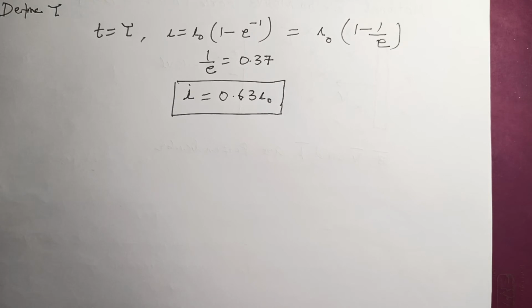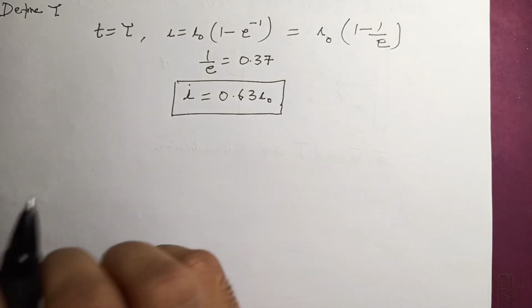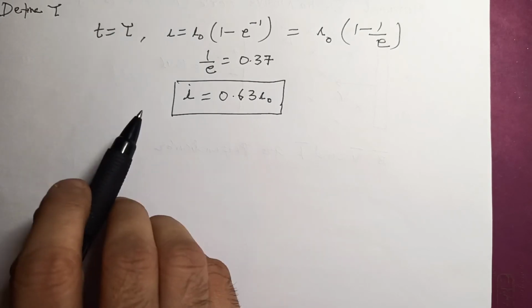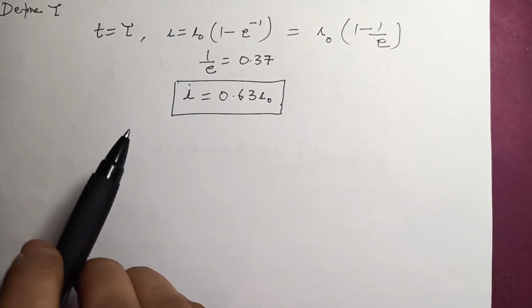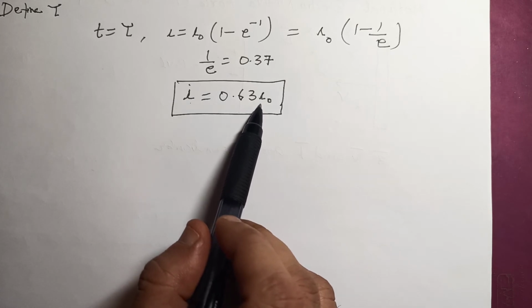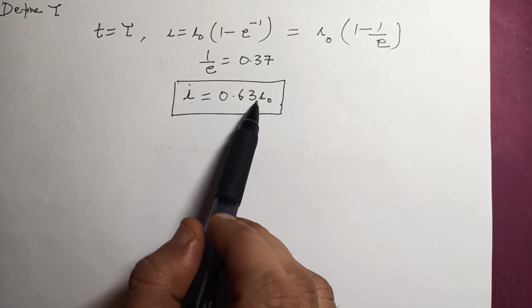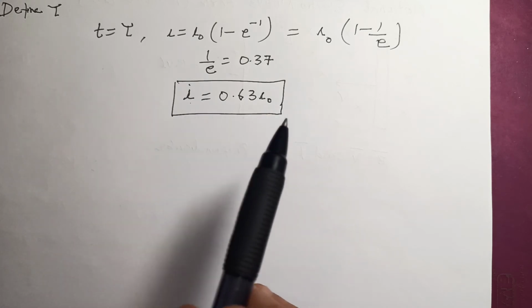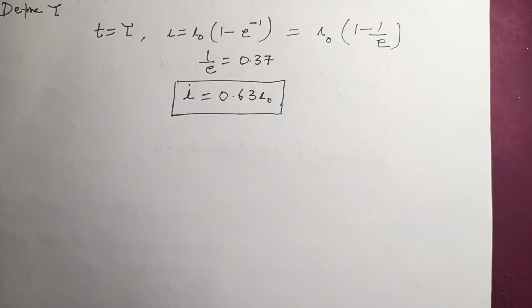Okay. So if we have to define tau, we will say tau is that time in which the current grows to 63% of the maximum value of the current which happens in steady state. Let me reiterate it.